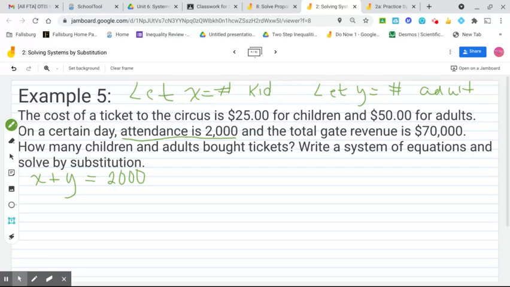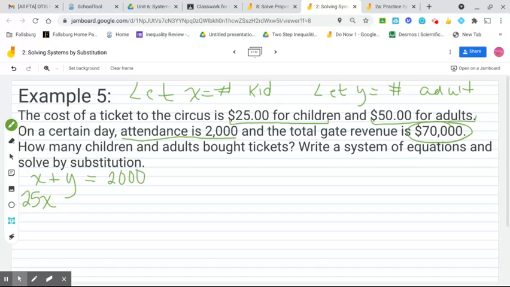Then we know it's $25 for children, $50 for adults, and the total amount that the circus made was $70,000. So for the second equation, if we want to figure out how much money was made just for the kids' tickets, it's $25 for each kid ticket, so 25 times x.